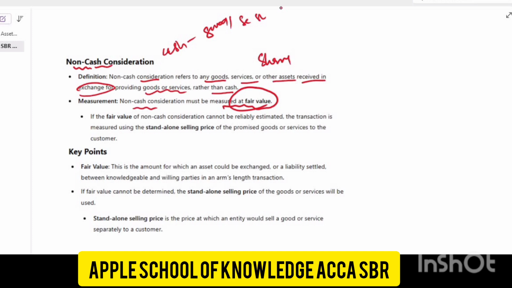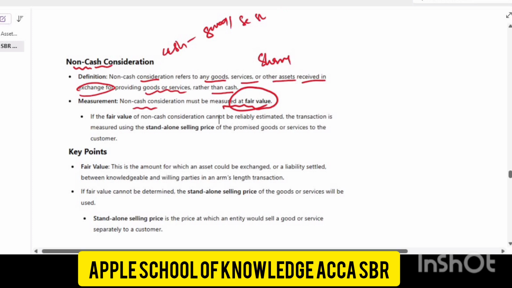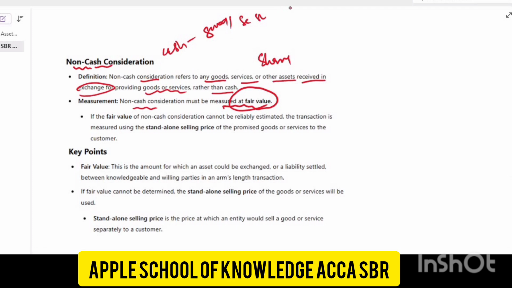If the fair value of the non-cash consideration cannot be reliably estimated, then the transaction is measured using the stand-alone selling prices of the promised goods or services to the customer. So when the fair value is not reliably measured, you have to use the stand-alone selling prices of the promised goods or services to the customer.